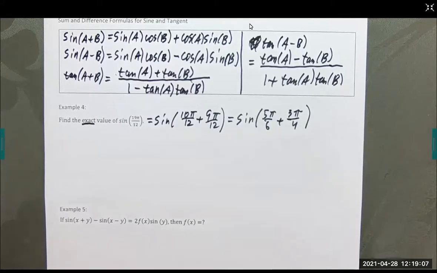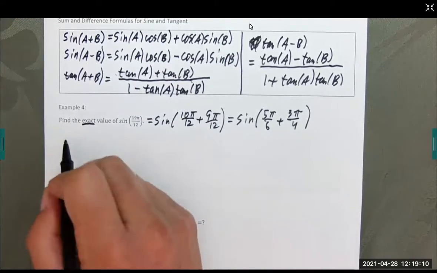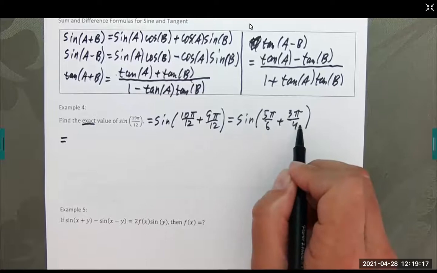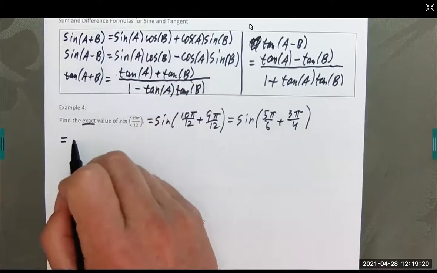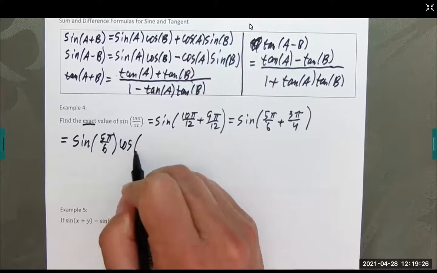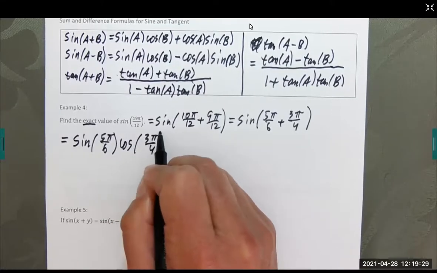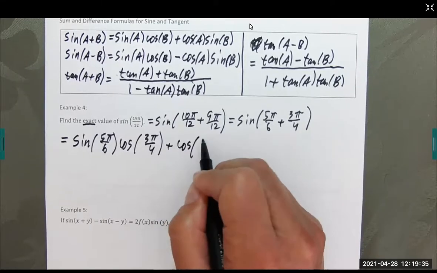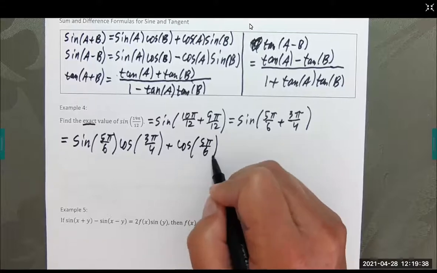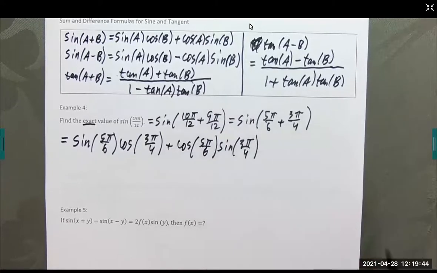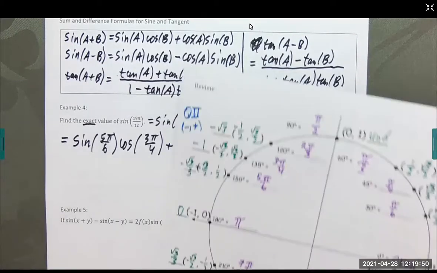So now I'm going to use the angle formula for sine. A in this case is the 5 pi over 6. B in this case is the 3 pi over 4 up here. That's plus cosine of 5 pi over 6, sine 3 pi over 4. All right, so let's grab our unit circle again. 5 pi over 6 over here.